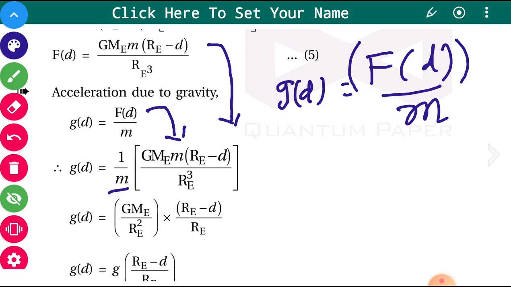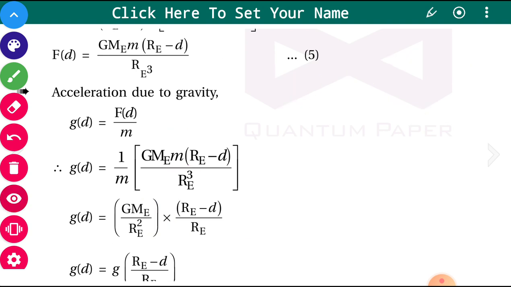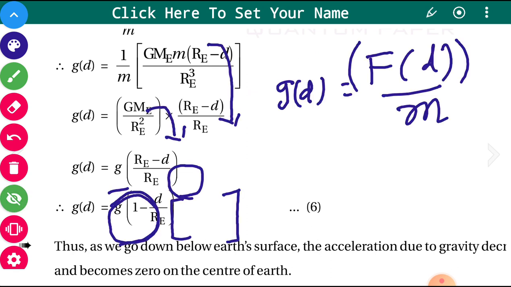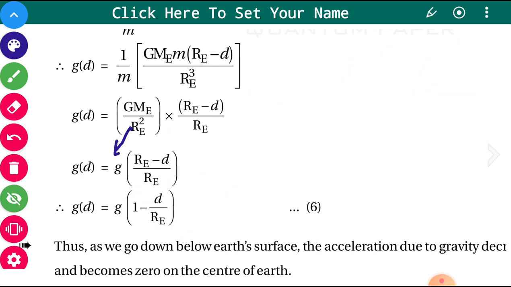Now just rearrangement: g Me upon Re square, as you know, is the gravitational acceleration on the surface of the earth, and the remaining are written here, Re minus d upon Re. So instead of g Me upon Re square, we just write small g, the gravitational acceleration on the surface of the earth.